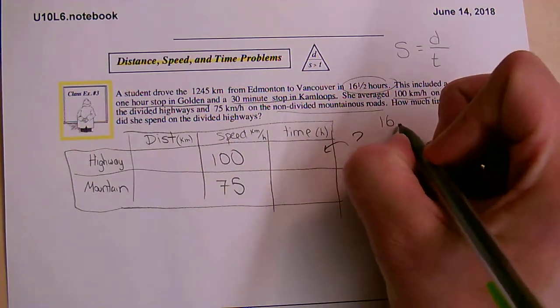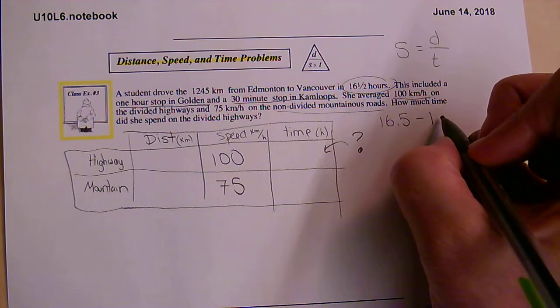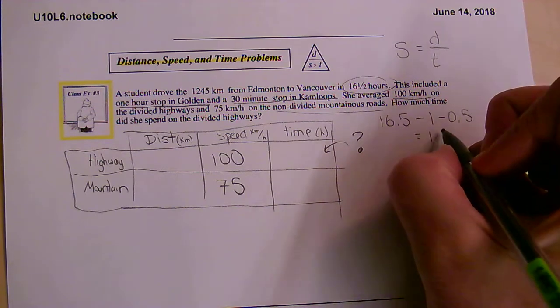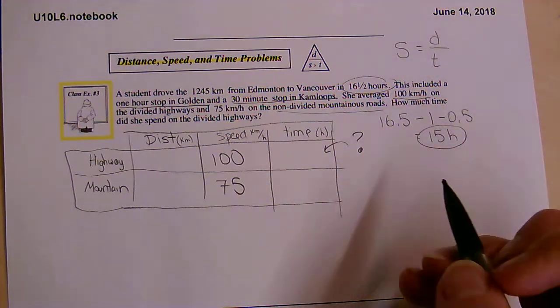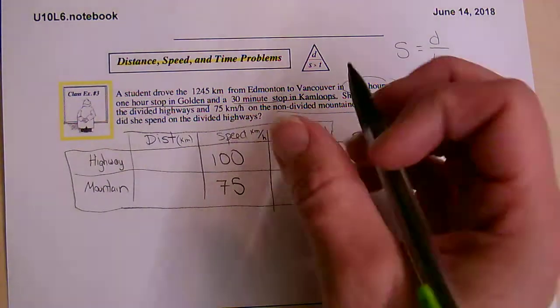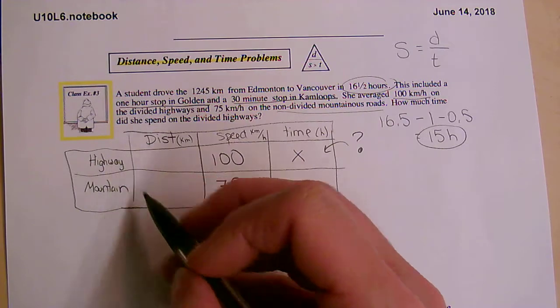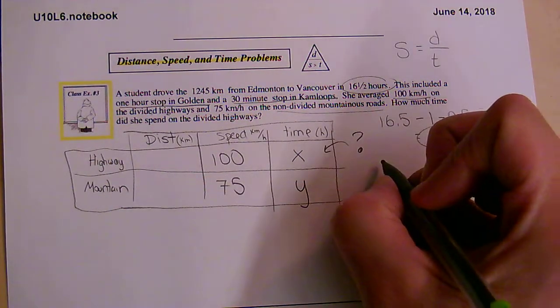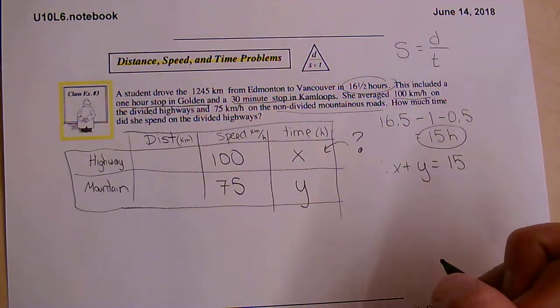So out of that 16.5 hours, we would subtract the 1 hour stop and subtract the half an hour stop. So the total time is 15 hours. Okay, and we're just going to use our X and Y. So we'll say that the time for highway is X, the time for the mountain is Y. So therefore, the amount of both added together is going to be equal to 15.